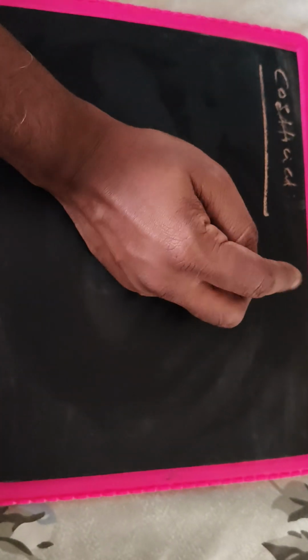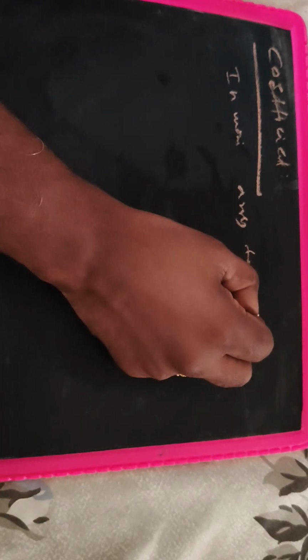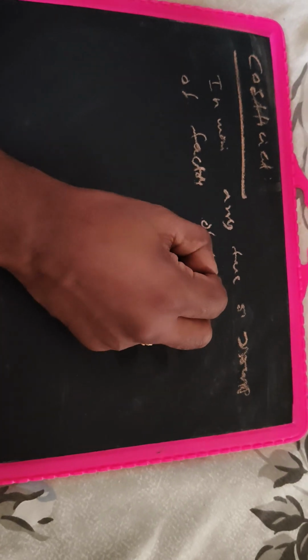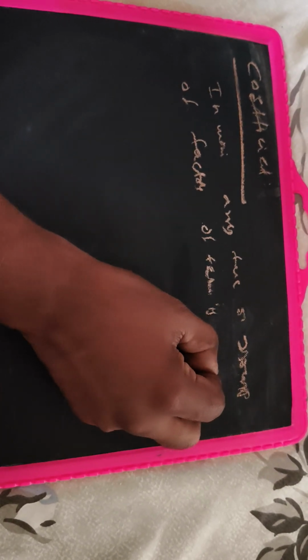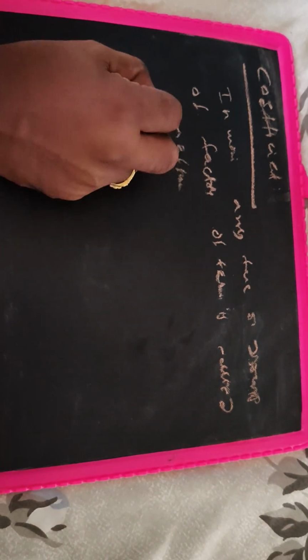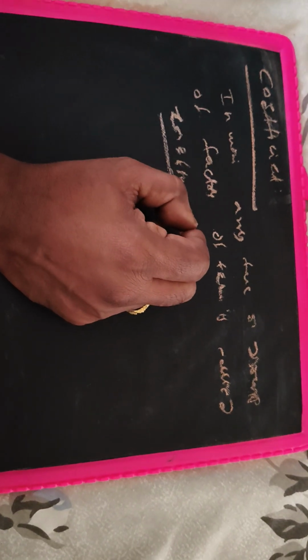Now coefficient. In a monomial, any factor or group of factors of the term is called the coefficient of the remaining part of the monomial.